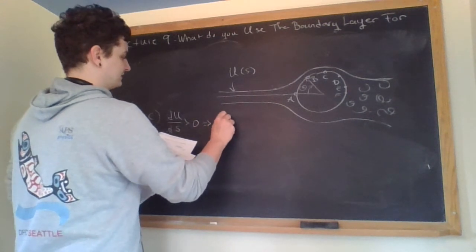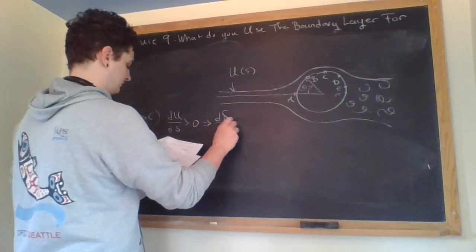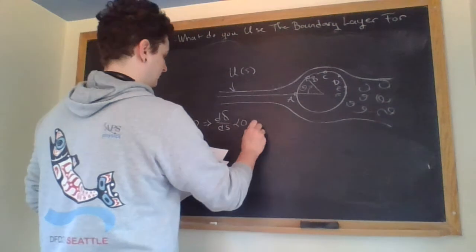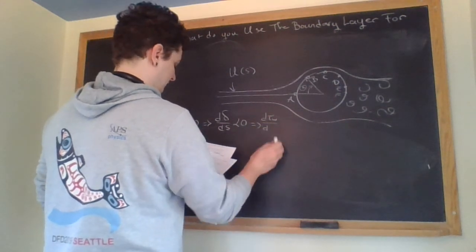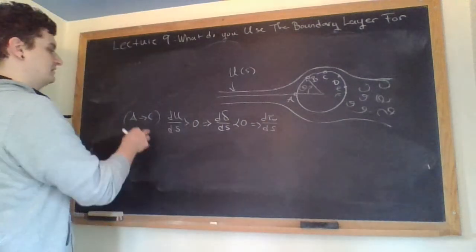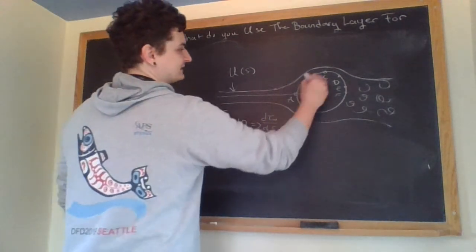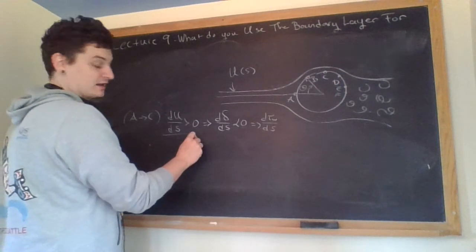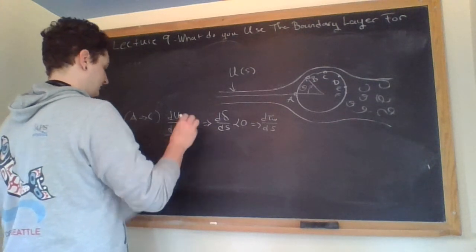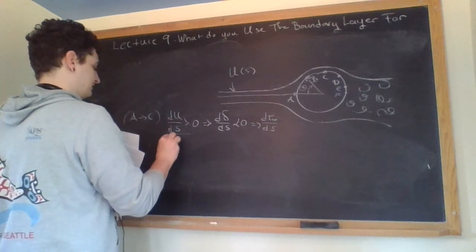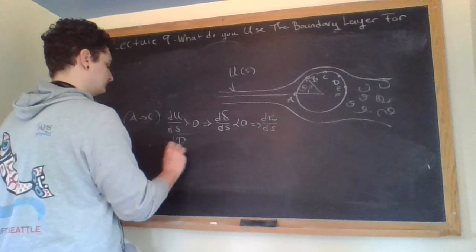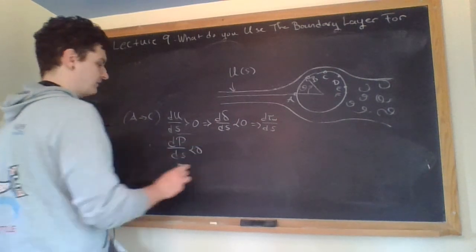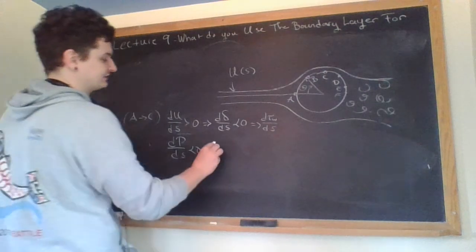That implies, so from A to C, in this section, it's accelerating, and this is favorable. That gives you a negative dP/dS. Acceleration is the same as this, so this is favorable.